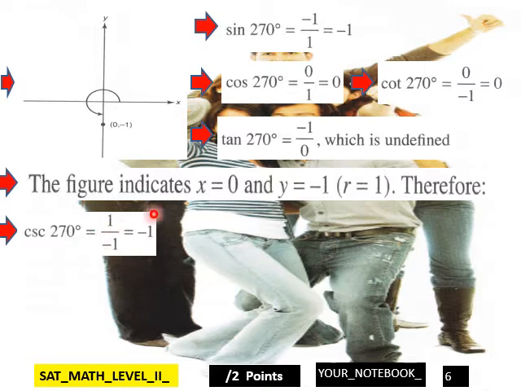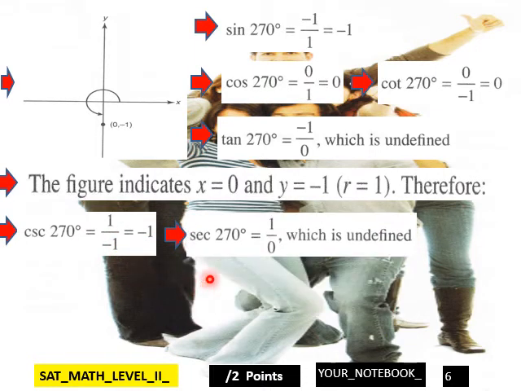And then our cosecant, which is the inverse of our sine, is negative 1 over 1, inverted is 1 over negative 1, still equals negative 1. And then our secant, which is the inverse of our cosine, instead of 0 over 1, we invert it and get 1 over 0, which is undefined. So our secant here would be undefined.